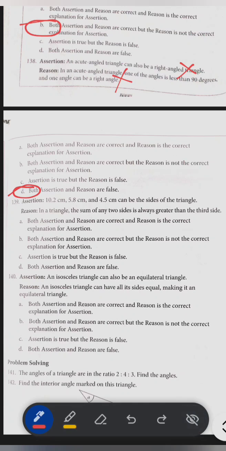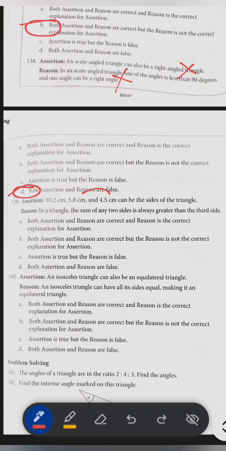Next, 139. 10.2 centimeter, 5.8 centimeter, 4.5 centimeter can be the sides of a triangle. Let's add them. 10.3 is greater than 10.2, yes that is correct. 10 plus 4, 14.7 is greater than 5.8, that is also correct.